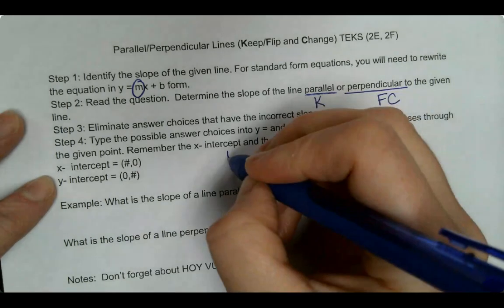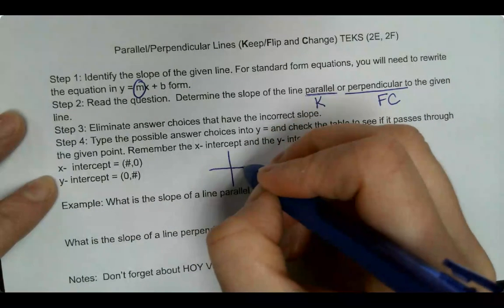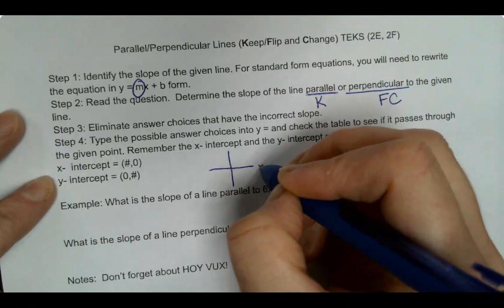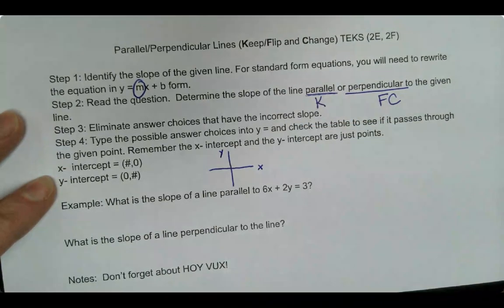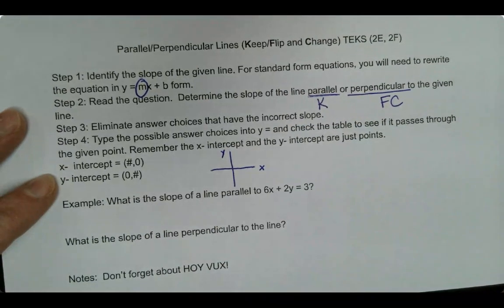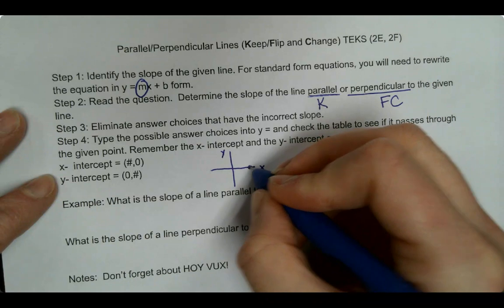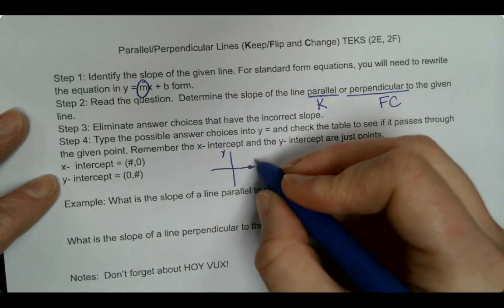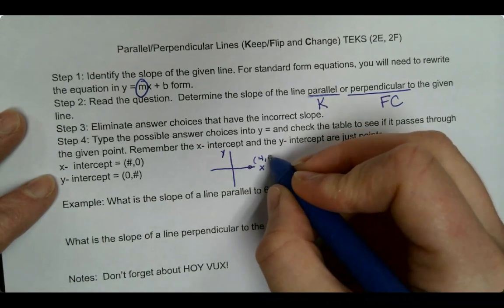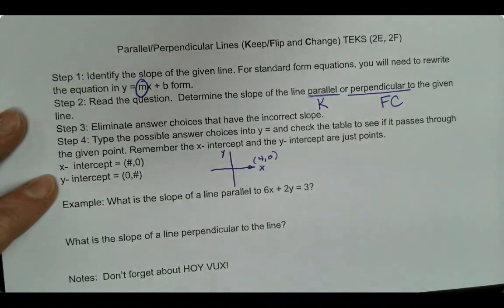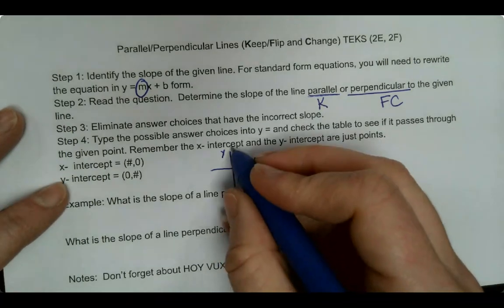So let's say you have the xy graph, x-axis and y-axis. An x-intercept would be where it crosses the x-axis. So this would be an x-intercept. So say it's at 4, 0. And then a y-intercept would be where it crosses the y-axis.